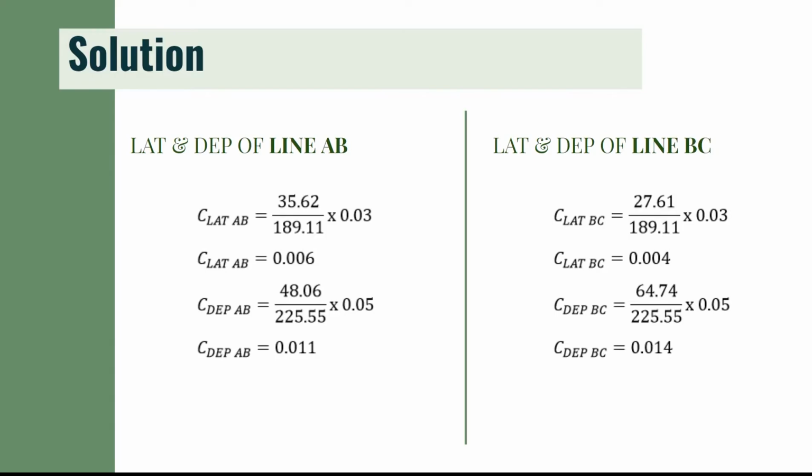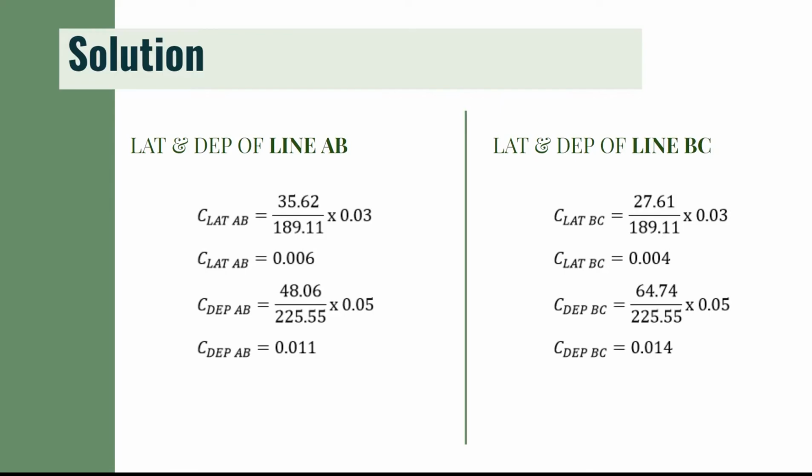Correction of departure is equal to 48.06 over 225.55 times 0.05 is equal to 0.011. The latitude of line BC. Correction of latitude is equal to 27.61 over 189.11 times 0.03 is equal to 0.004.